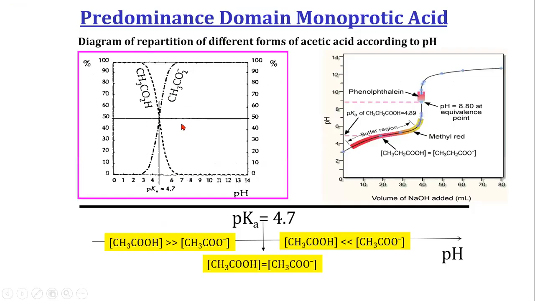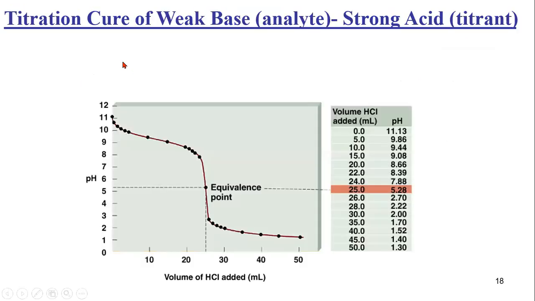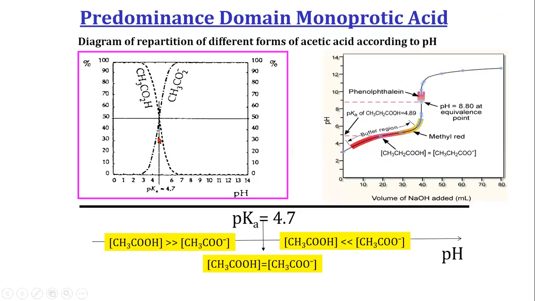Okay, so this is the same type of curve for acetic acid. Here is my acetic acid. Its concentration is decreasing as my acetate concentration is increasing. At pH equal to pKa, we have 50% of my species in the acetic acid form and 50% in the acetate ion form. So this is what you have to put in.